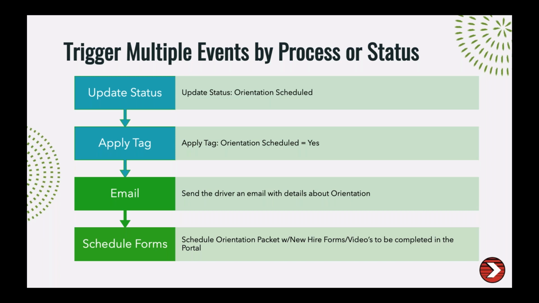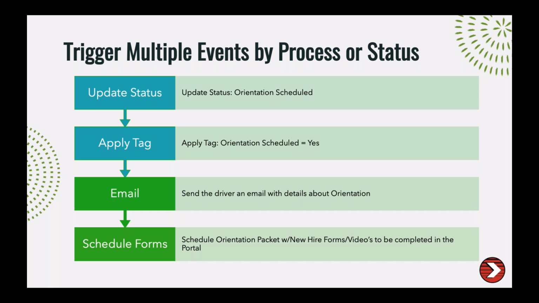So say a recruiter goes into the process area and they want to run a process, and that process is going to change a subject status. And it can also trigger an email out to the applicant. It can apply a tag. So the example we reference on this slide is orientation scheduled. I could run a process that changes status to orientation scheduled.